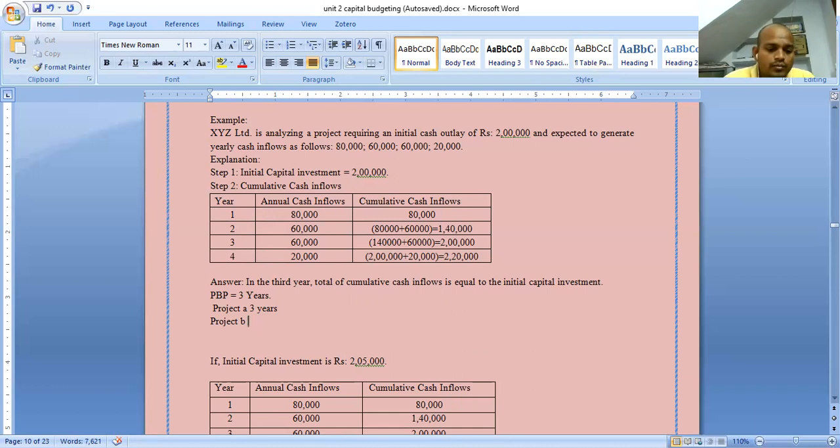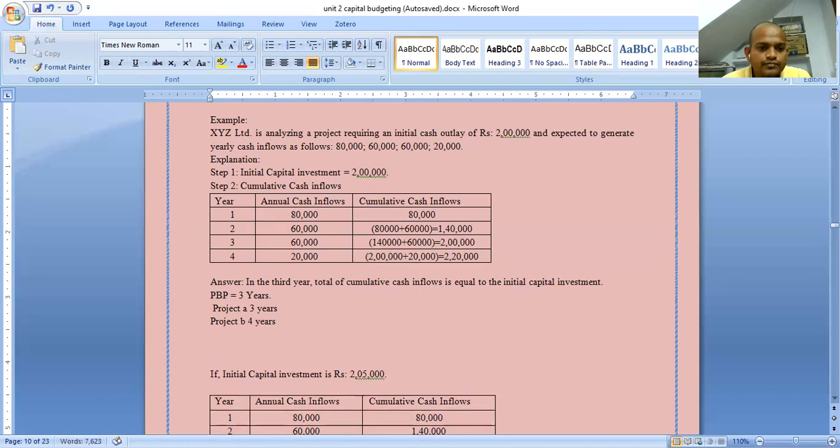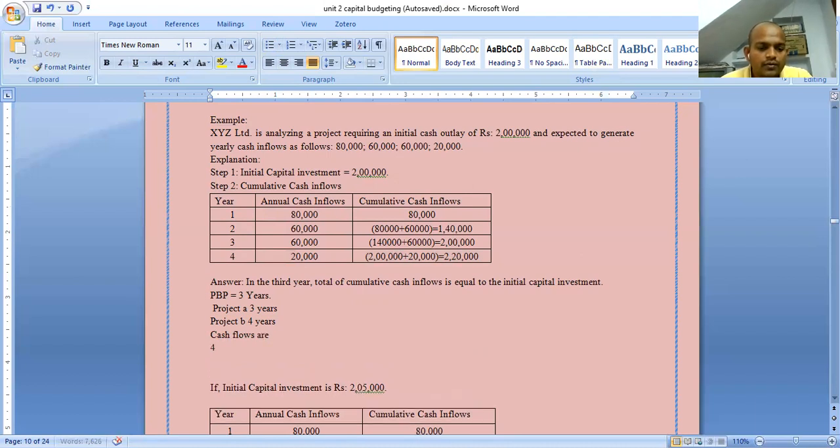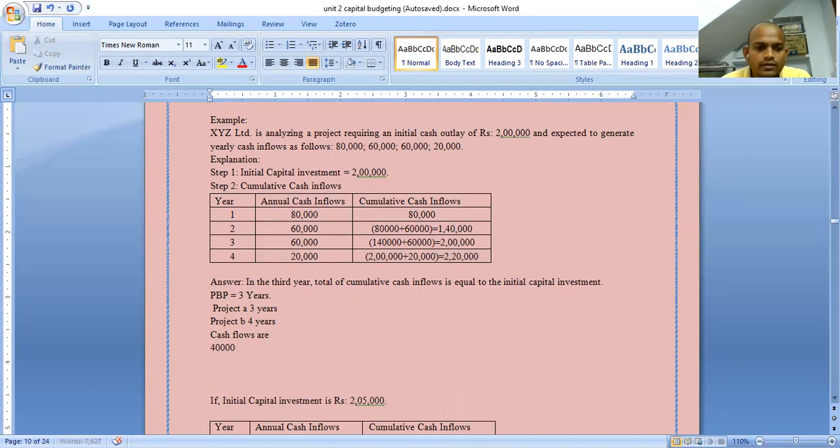Say for example, project B payback period is 4 years, and the cash flows are 40,000, 40,000, 60,000, 60,000, 70,000.